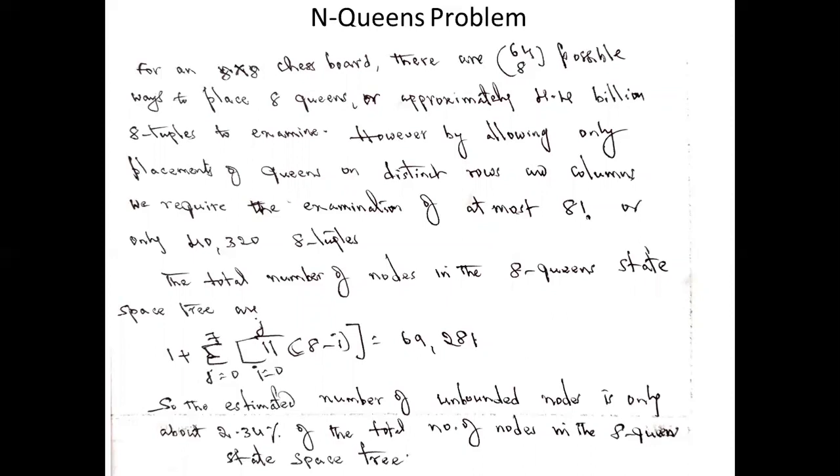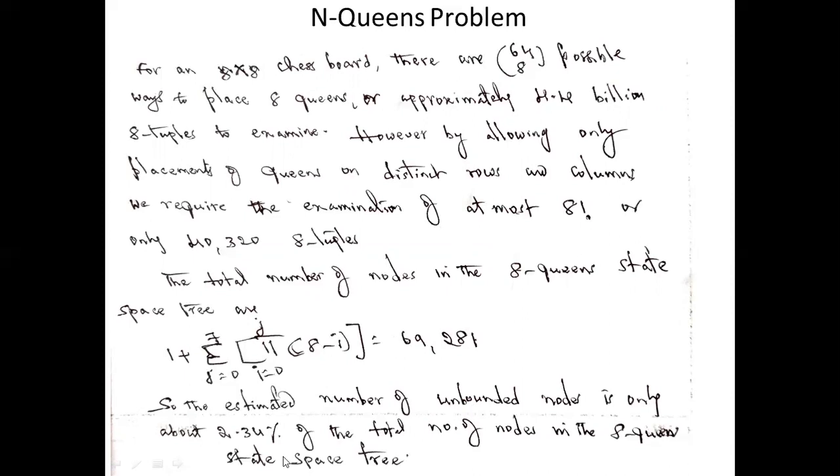That's why the number of columns is decreasing. 8 minus 0 is the first level, 8 minus 1 is the second level, 8 minus 2 is the third level, and so on. If we construct by imposing the conditions, then 69,281 nodes are required to construct the state space tree. In this way, we can calculate the number of nodes required to construct the state space tree.